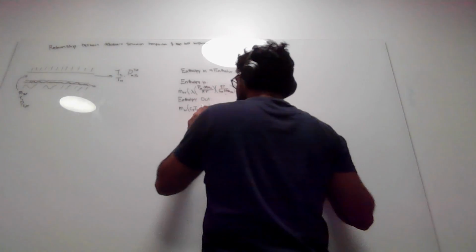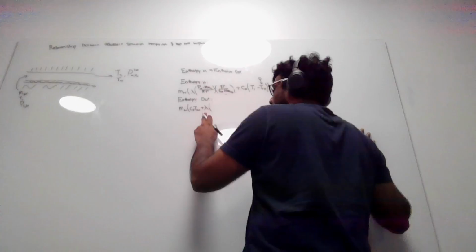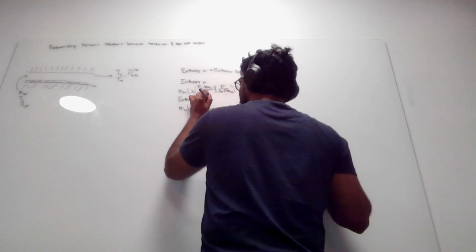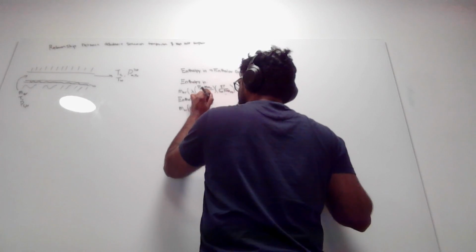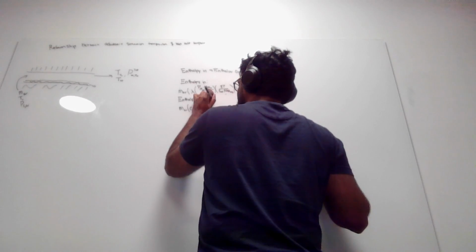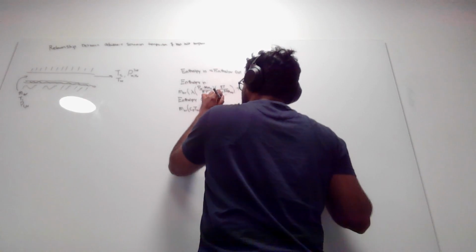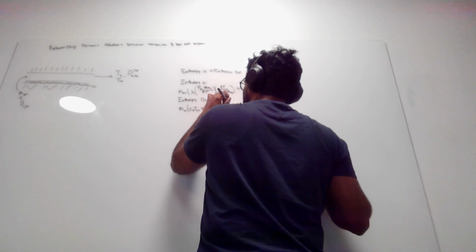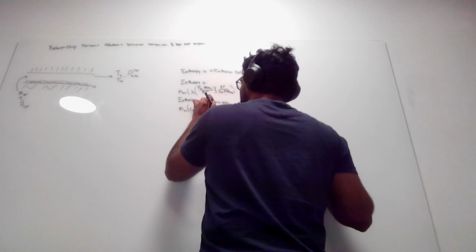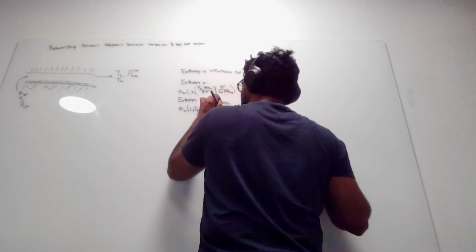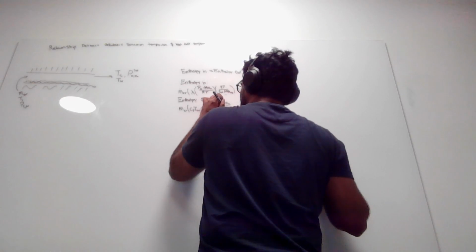So since the heat of vaporization is going to be in terms of water, we're going to say that the saturated partial pressure of water at T_W times the molecular weight of water divided by the total pressure times the average molecular weight.